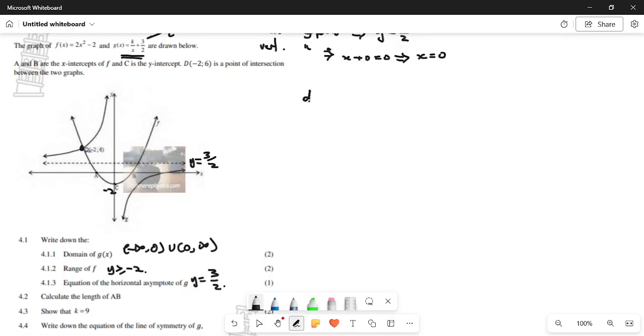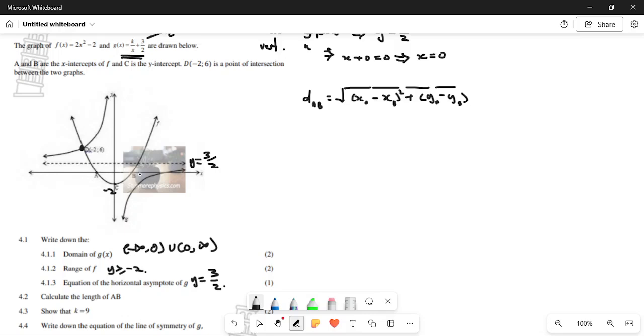We can say the distance of AB, and we'll have our x at A minus our x at B all squared plus our y at A minus our y at B. However, in this case, our y values don't matter much because both y values here are 0. So we can neglect the y part here and only focus on our x-intercepts.